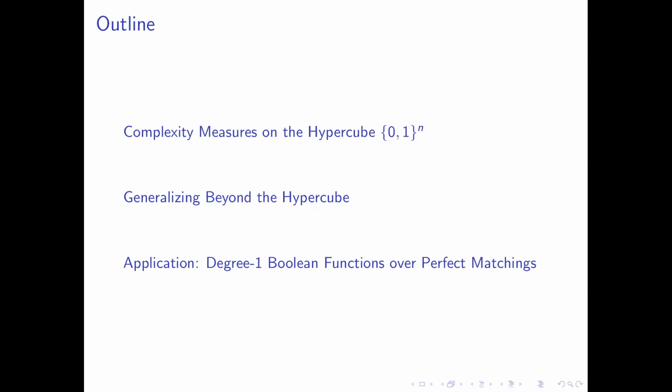You can think of this last result as an extremal combinatorial result where we classify characteristic functions of perfect matchings that have low degree.